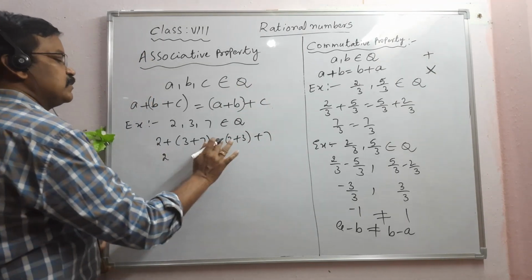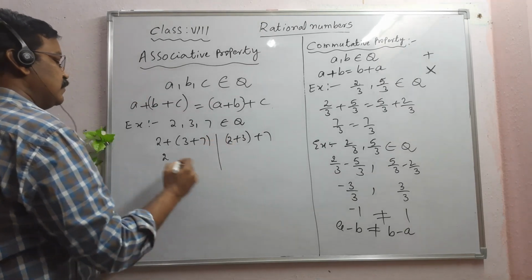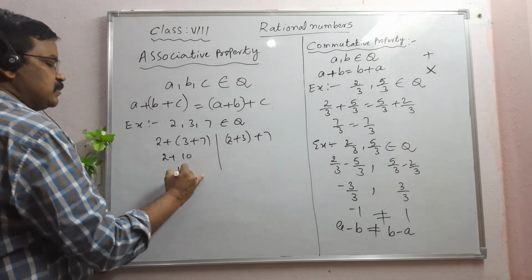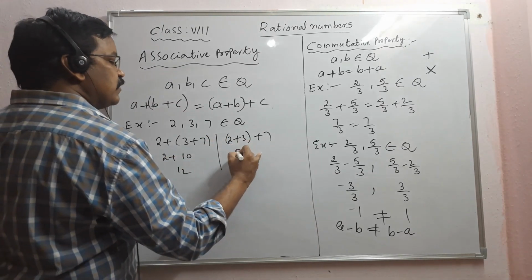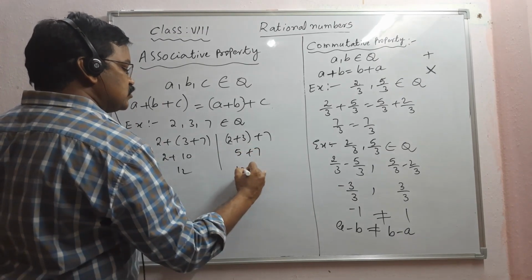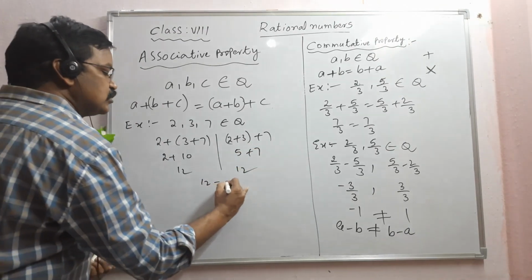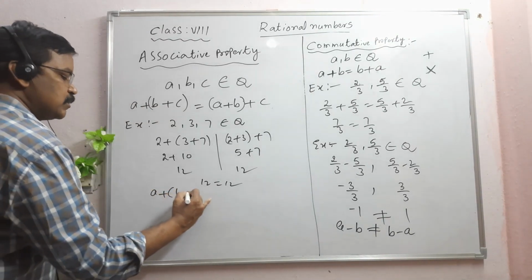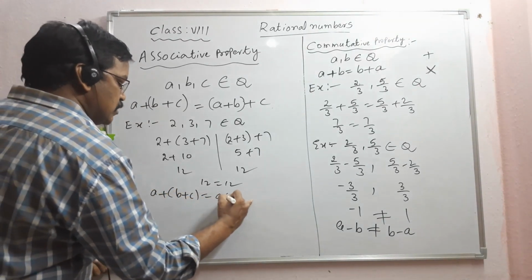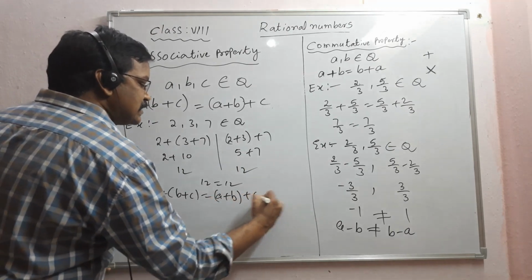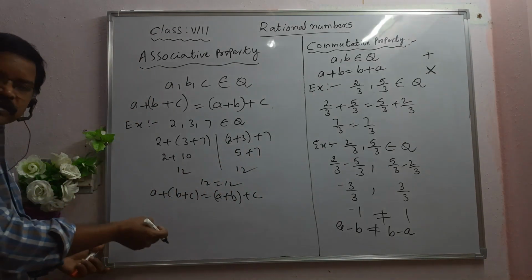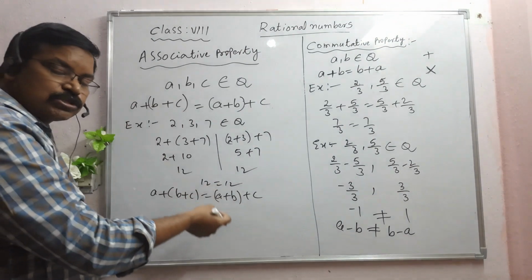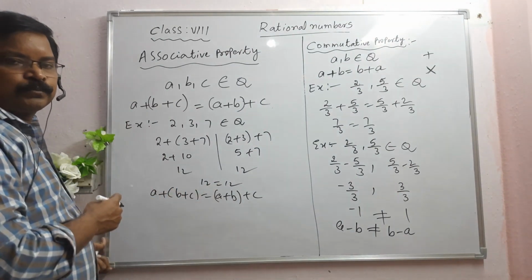Let us verify. 3 plus 7 is 10, 2 plus 10 is 12. 2 plus 3 is 5, 5 plus 7 is 12. So 12 is equal to 12. That means it satisfies the condition, so this property is called associative property.